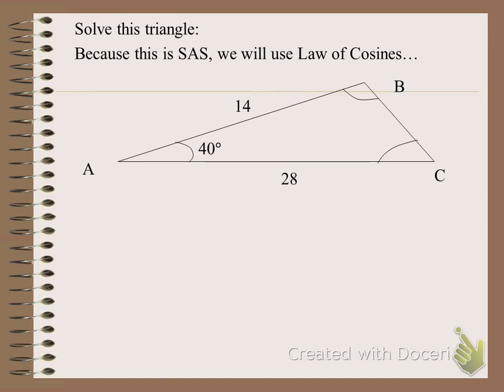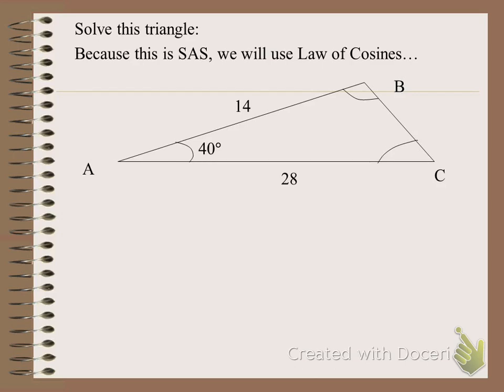Side B, right? See how large side B is compared to the other side that we're given? It kind of tells us that angle B up there is probably going to be a pretty big angle compared to angle C. And C is probably going to be bigger than angle A. So I'm thinking this is going to be an obtuse triangle.